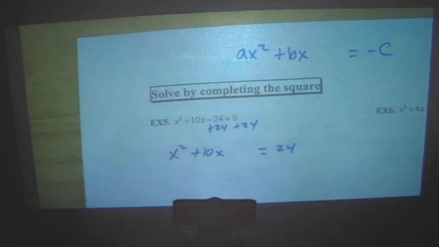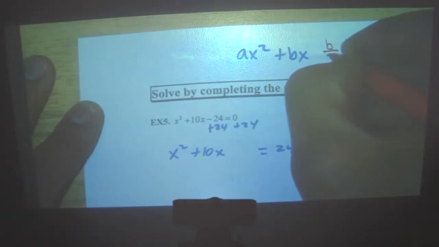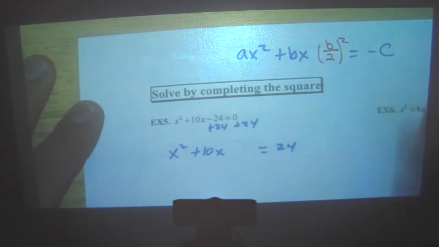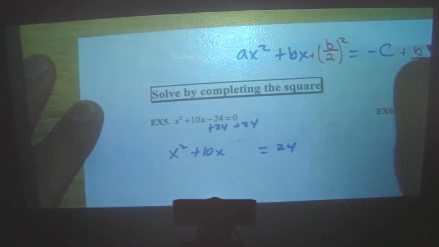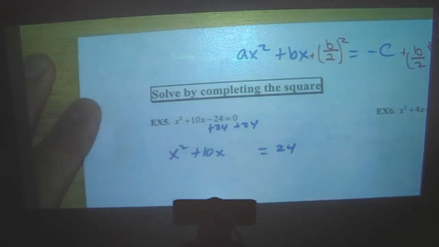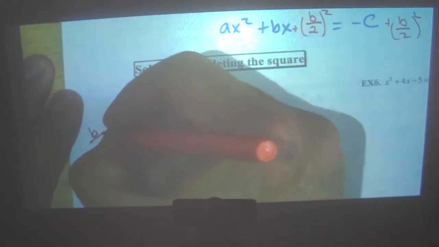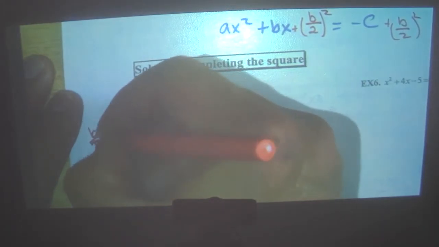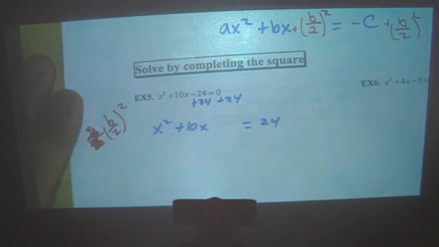Okay? Now what we're going to do is take our b value, the number in front of x, divide by 2 and square it. And we're going to add that number to both sides. We're going to take b, divide by 2, and square it. So I'll write that off to the side: b divided by 2 squared.